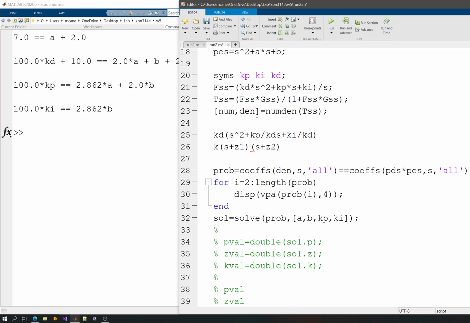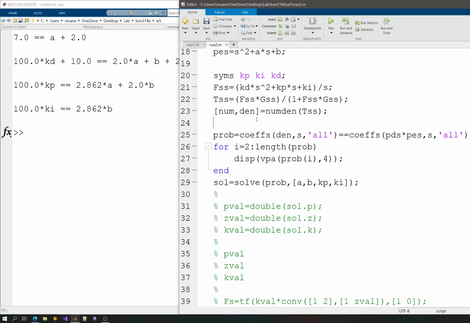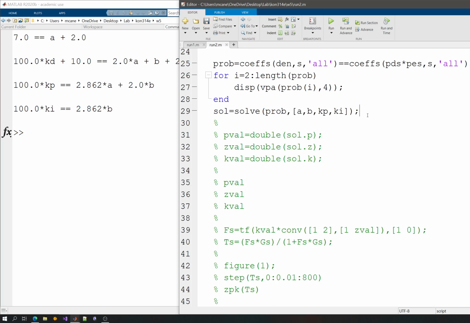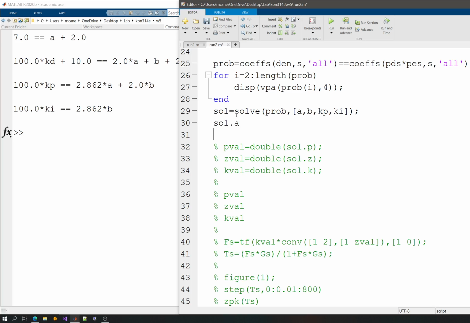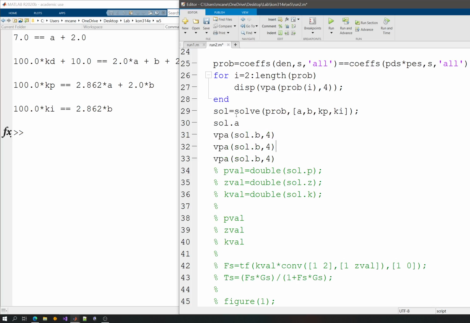So I'm just then scaling the gain here. You can think of this like that. Well, let's just choose randomly. It doesn't matter really. So let's look at Sol A, and with VPA I will look for the other solutions, KP and KI.